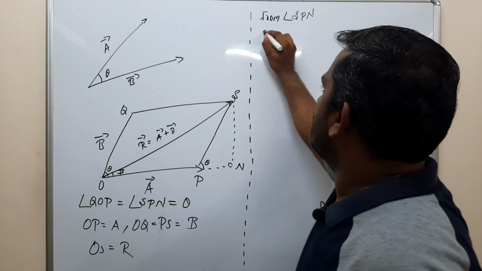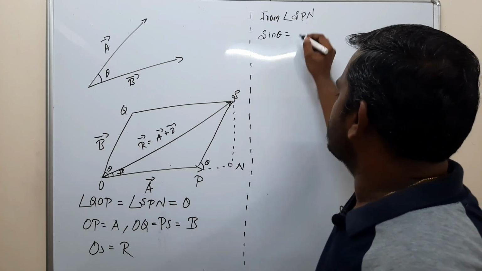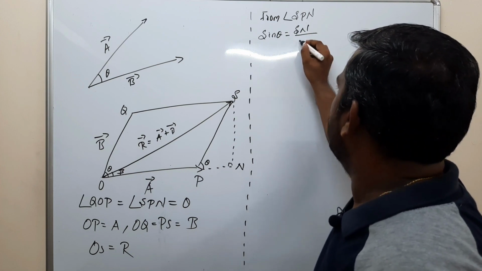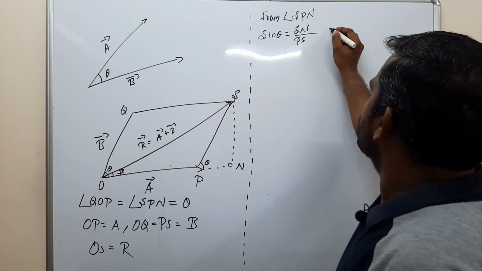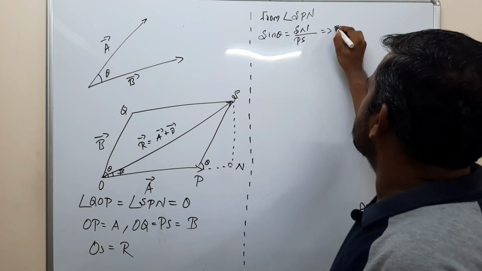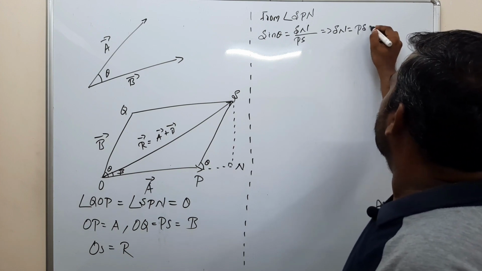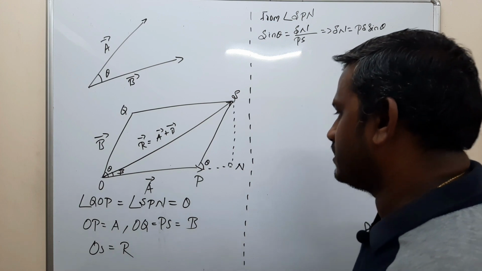From this, sin theta is equal to opposite side by hypotenuse, that is SN by PS. So SN is equal to PS sin theta.